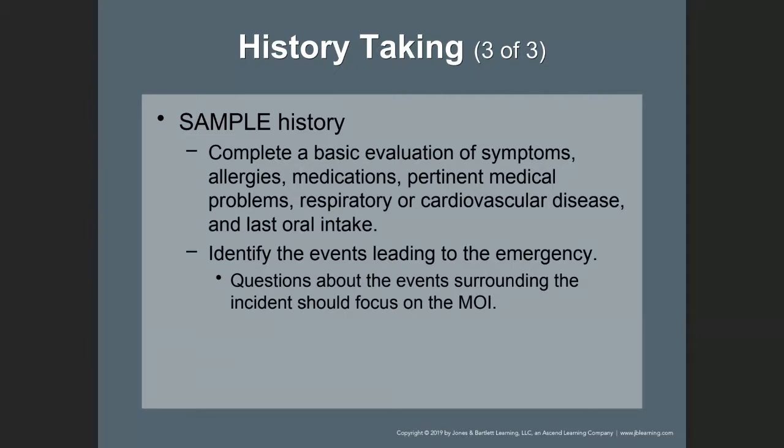Questions about the events surrounding the incident should focus on the MOI. So when obtaining history, you're going to focus on the chief complaint. So you need to get information on the presenting problem. Make sure you identify your pertinent negatives and obtain your full SAMPLE history.